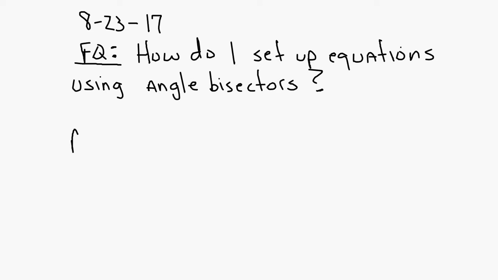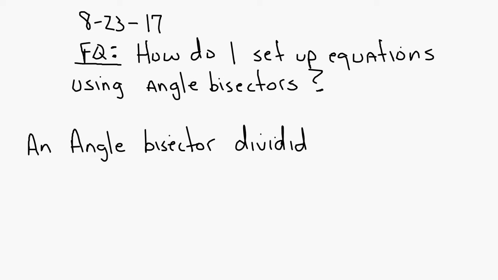Alright, so let's define an angle bisector. An angle bisector divides an angle into two congruent parts.